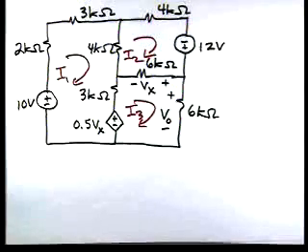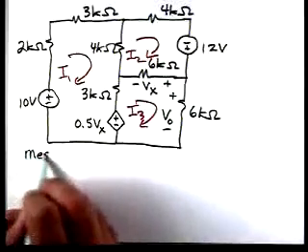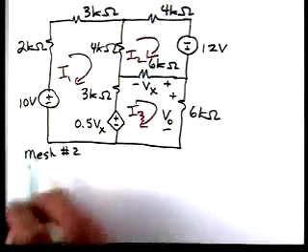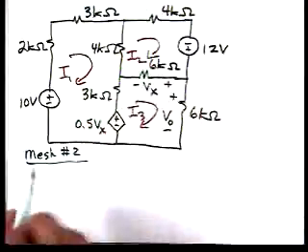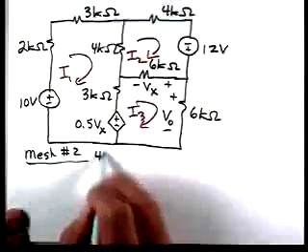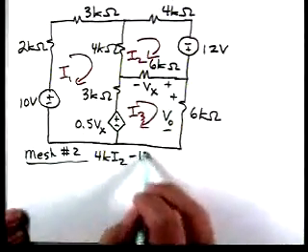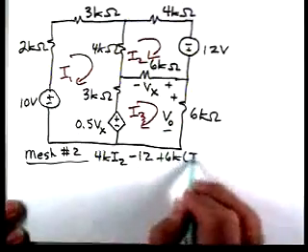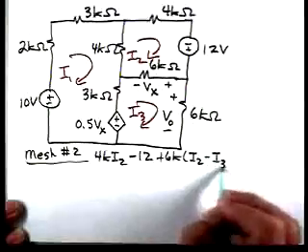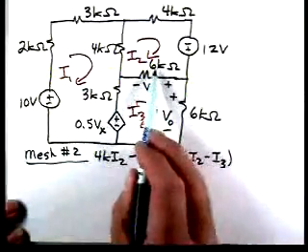So now let's do mesh 2. If we start, we'll have 4K I2 minus 12. We'll have 6K times (I2 minus I3), that's the voltage here.